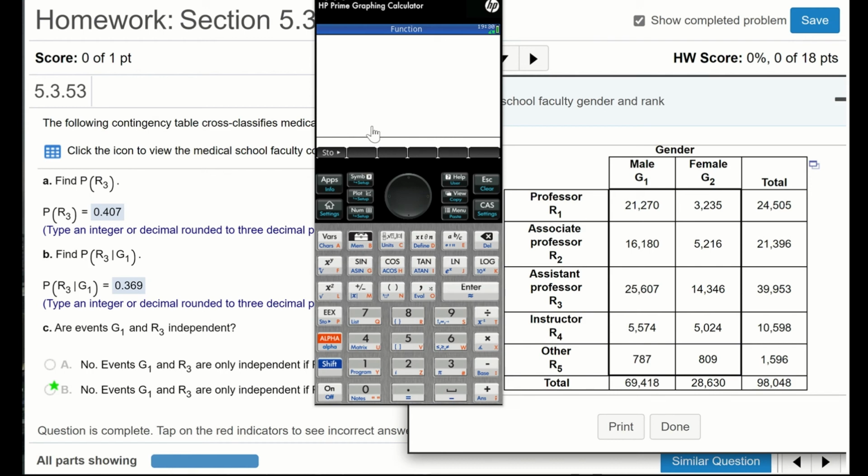So 39,953 divided by 98,048. And we want 3 decimal places, so 0.407, correct?